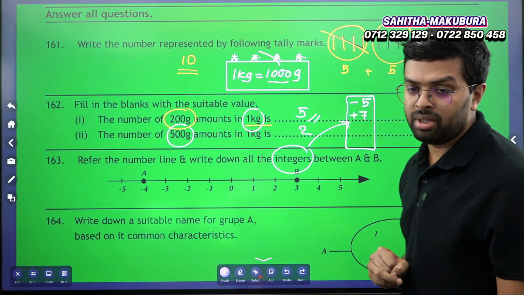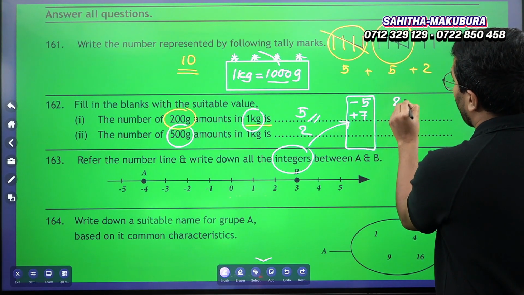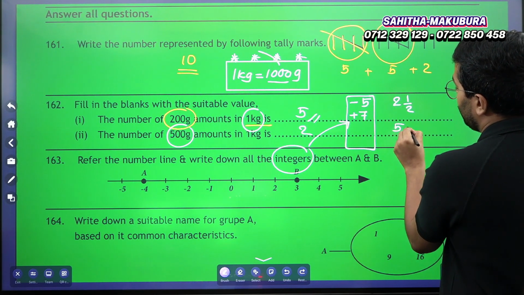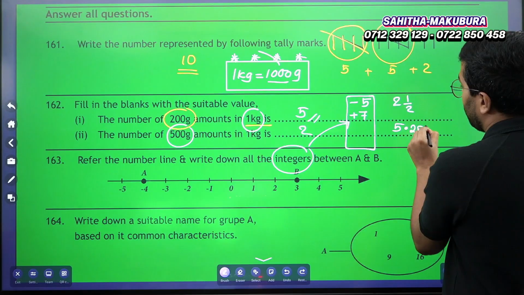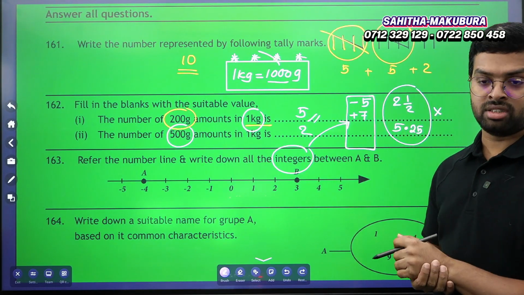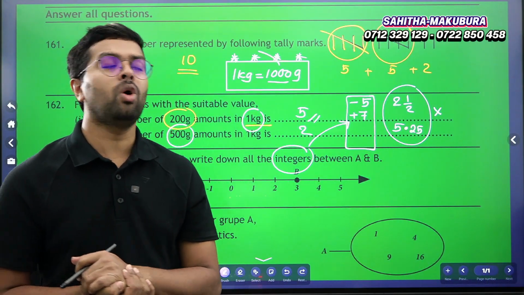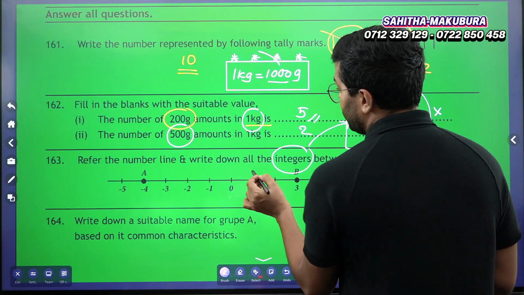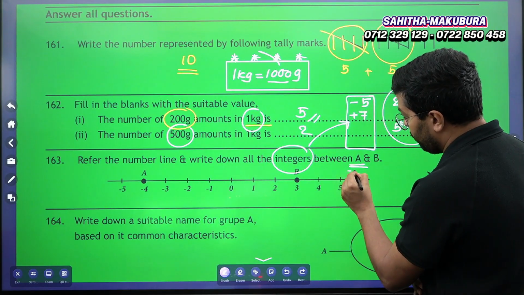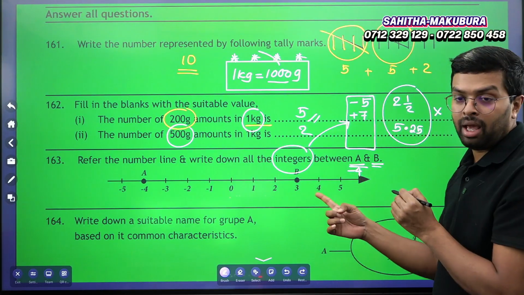What are the numbers that we cannot consider as integers? 2.5, a mixed number, and 5.25, a decimal number, are not integers. So integers are normally whole numbers. What is the number represented by A in this number line? Negative 4. What is the number represented by B?